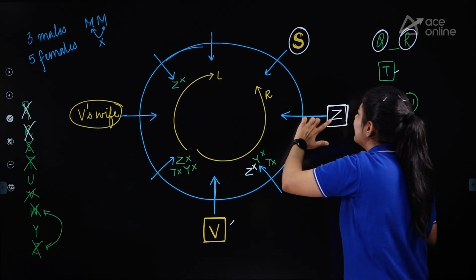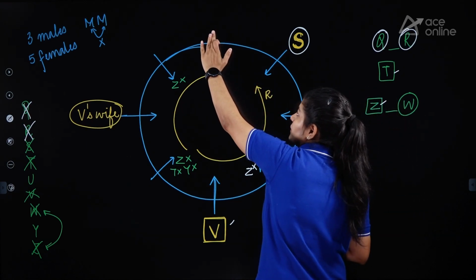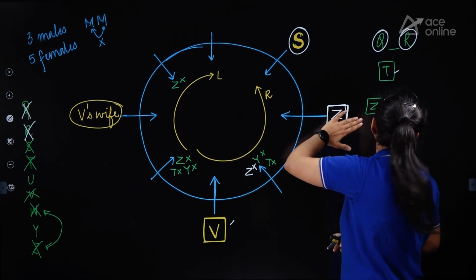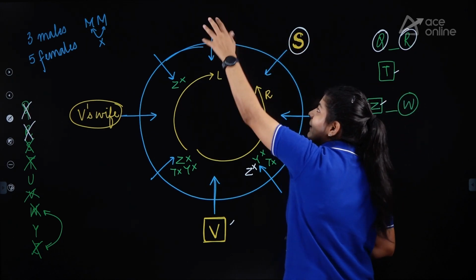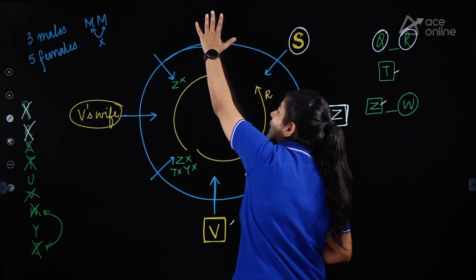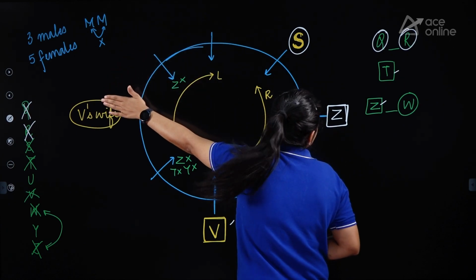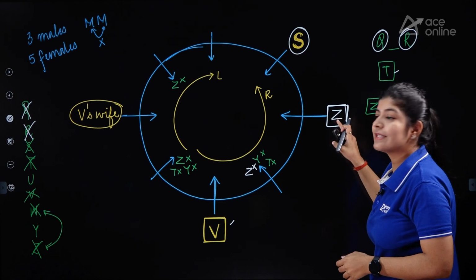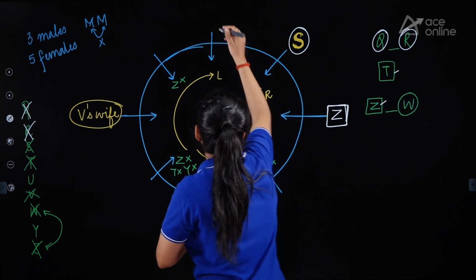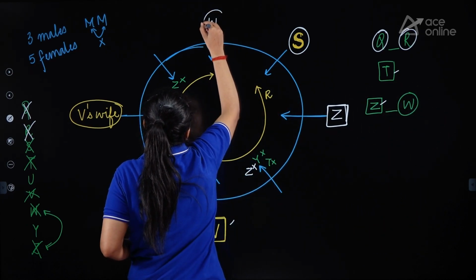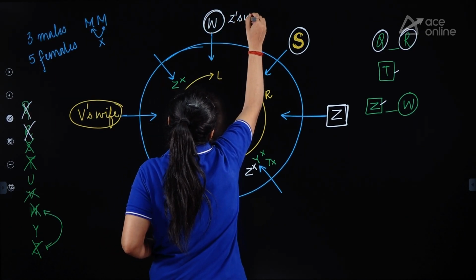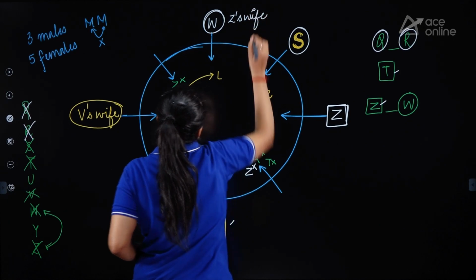So we are left with either this position or this position, right? If I put Z over here, then the position of W is this one. But W is associated with Z, not with V. So here we have W, and this is nothing but Z's wife.